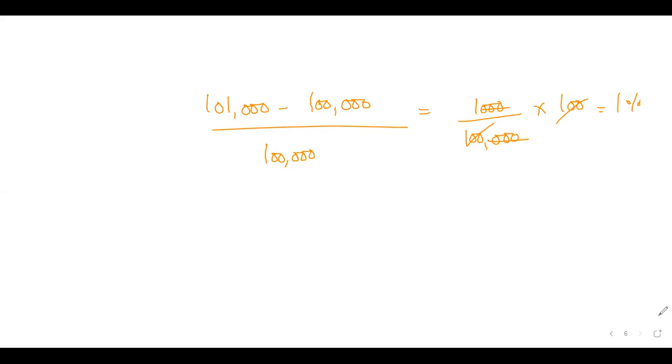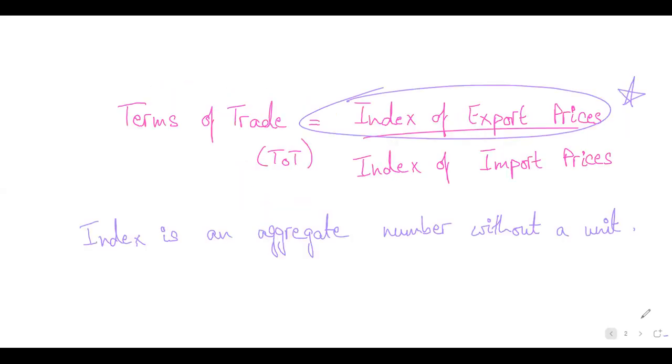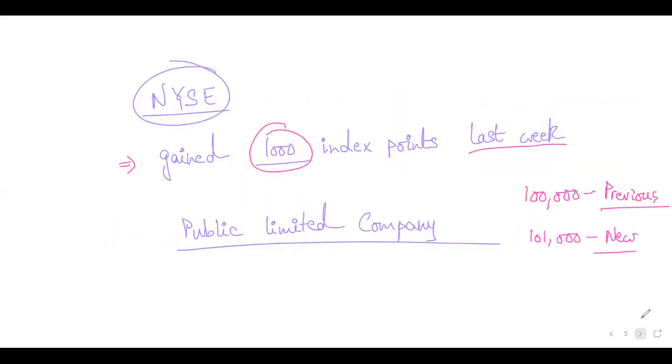If the New York Stock Exchange last week, as per our example, gained 1,000 points, and the starting index number was 100,000, this means when we calculated the new index value, that was 101,000, and it turned out to be a 1% increase.